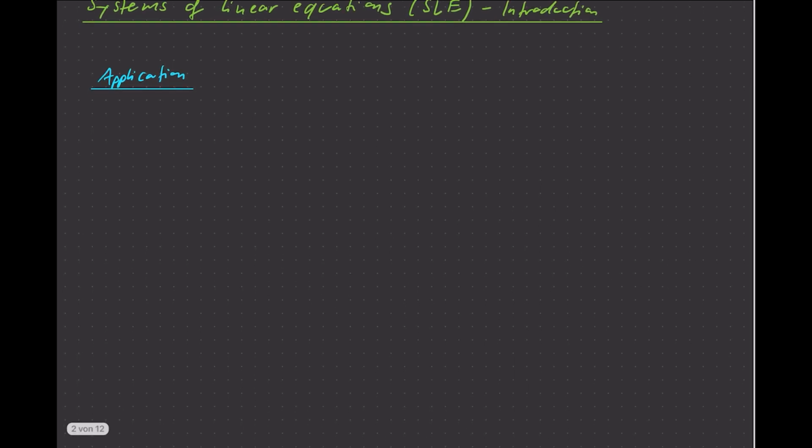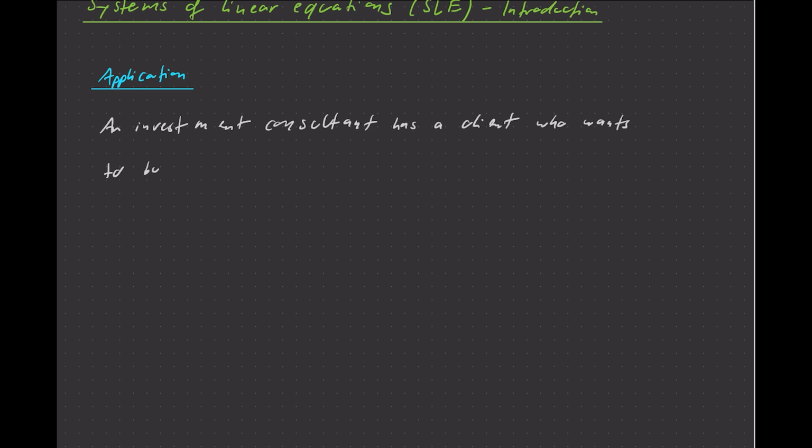Write that down first. So let's say an investment consultant has a client who wants to buy certain amounts of 3 stocks, and we call those stocks S1, S2, and S3.